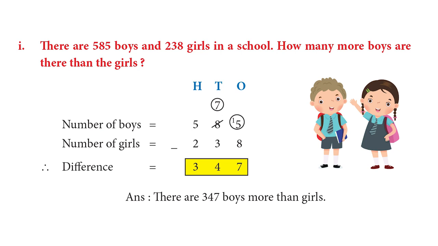How many more boys are there than girls? When you subtract the subtrahend from the minuend, you will get the difference. So, 585 minus 238, you will get the difference, 347 boys more than girls.